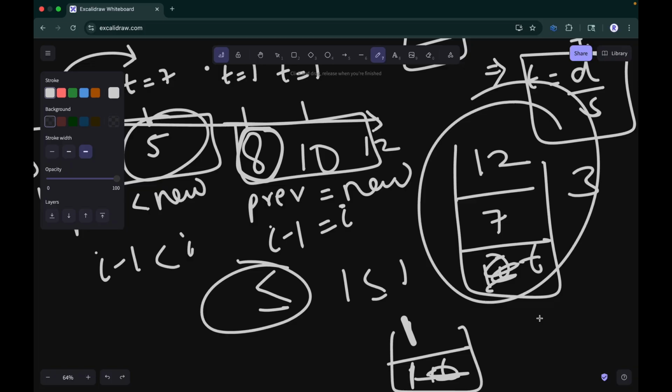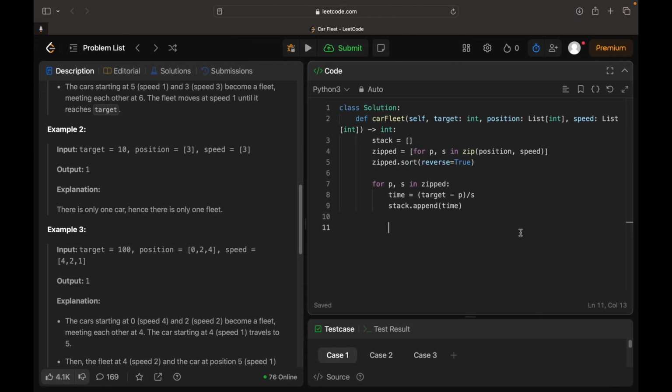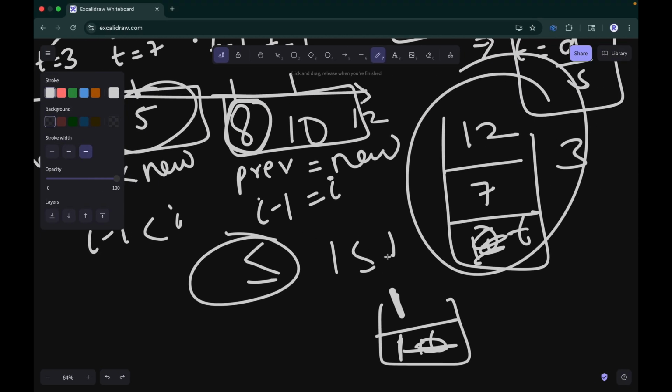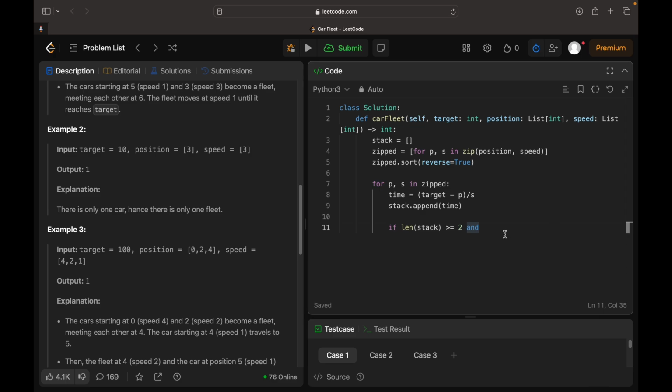So I want to essentially compare the last element of the stack and the second last element of the stack. And to do that, I can just check that, hey, if the length of the stack was greater than 2, and not just greater than 2, greater than or equal to 2, because here when we append to the stack, we are appending another one, and then we are comparing, right? So the length of the stack here is 2. So I have, if length of stack is greater than or equal to 2, and what I want to compare is this thing, right?